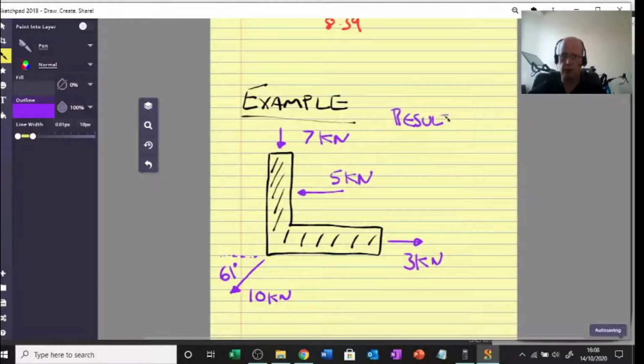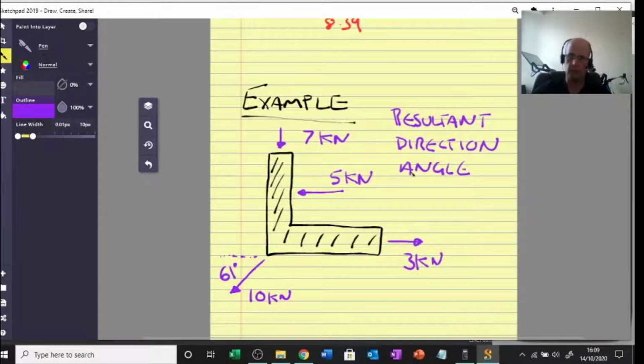All these forces on this L bracket, what's the resultant force? If there is one, because there may not be one, which way is it going to go? Up, down, left, right, southwest, northwest, whatever direction. Which way is it going? And the angle. So that's what we're doing.